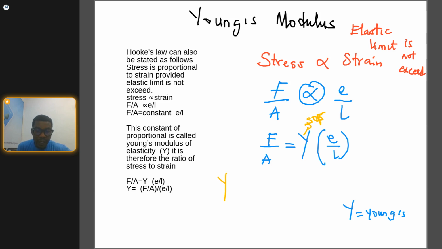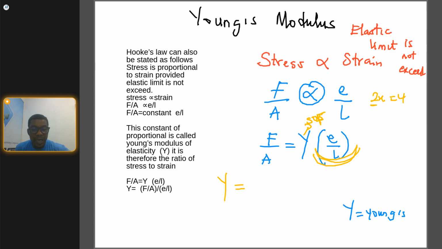So if Y equals to, now I want to get Y. Get me very well. If I have 2x equals 4, you are going to tell me that to get x, I need to divide both sides by the coefficient of x, which is 2. Now I want to get Y. What is the coefficient of Y in this expression? The coefficient of Y is this bracket.